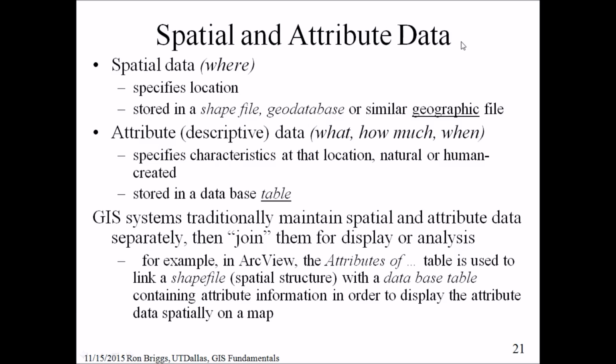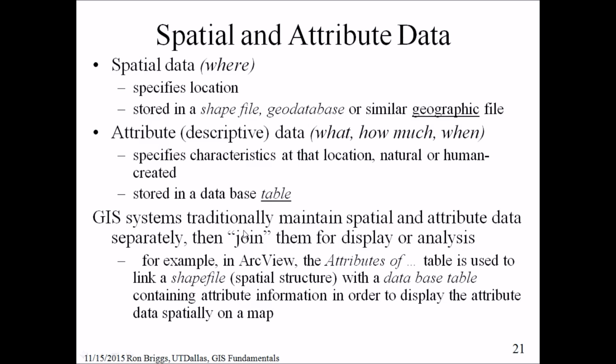So spatial and attribute data. Spatial data, as we mentioned earlier, answers where, it specifies the location. It is stored in the form of shapefiles or geodatabase or related geographic files. While the attribute data is basically a description of this spatial data, of what, how much, and when. So it specifies characteristics at that location, natural or human created, and it is stored in the form of a table, of course in the database.